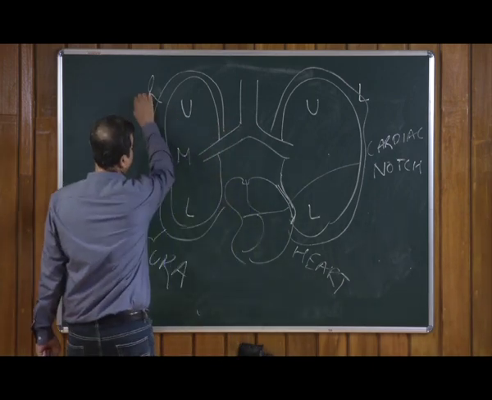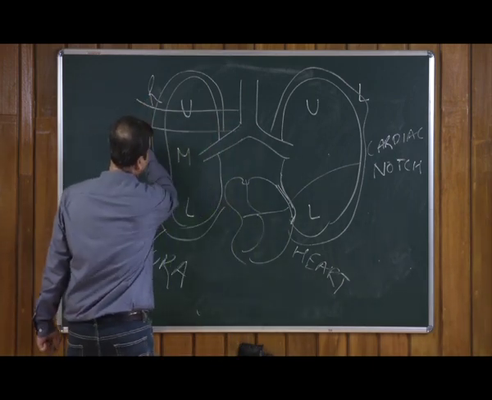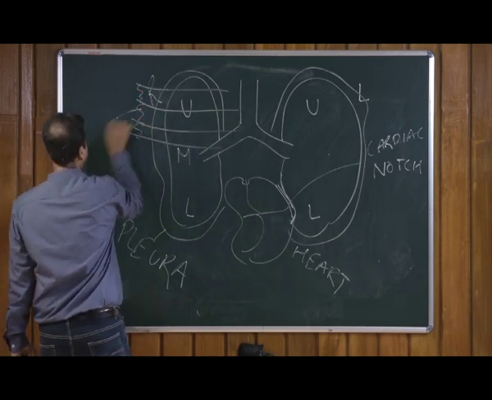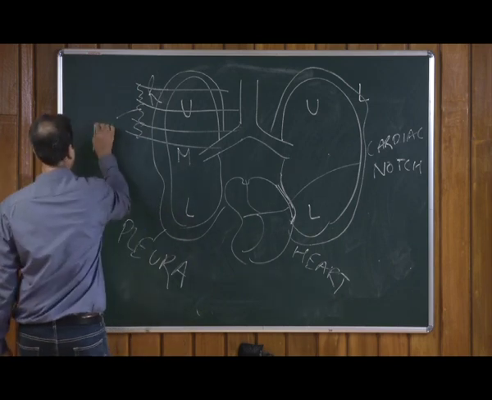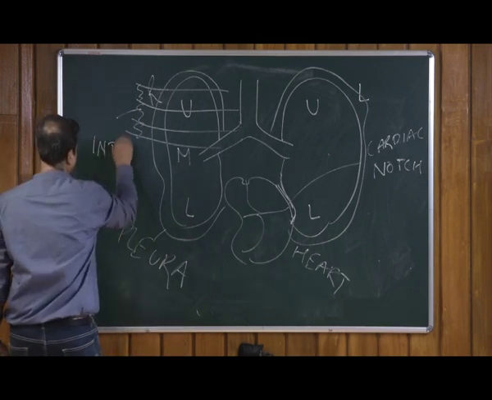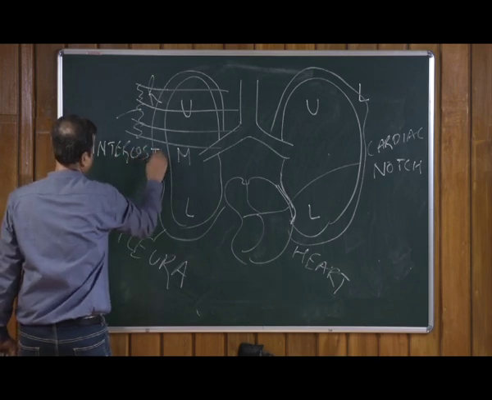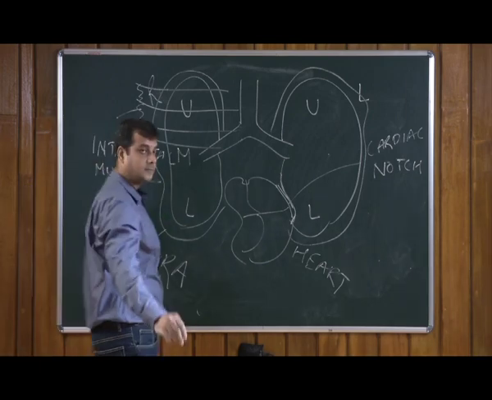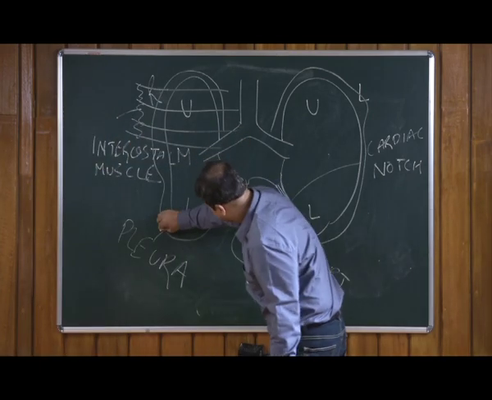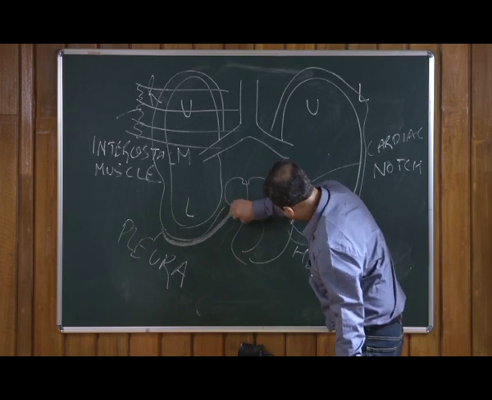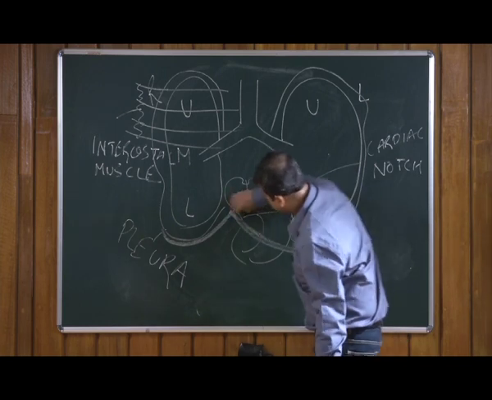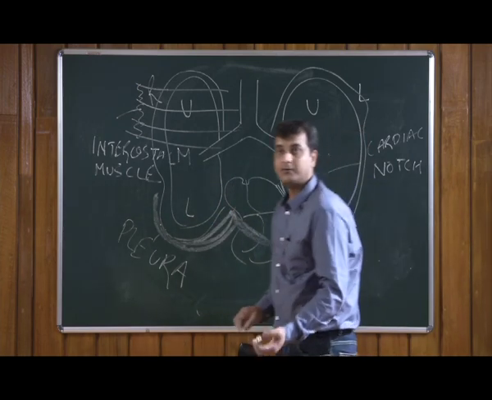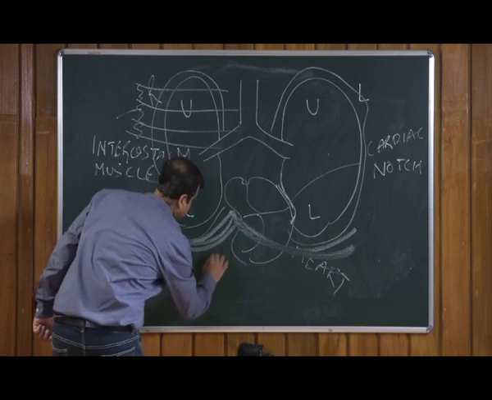And since we discussed that these ribs are already here, in between the ribs you have muscles. These muscles are called intercostal muscles, and at the bottom you have a very unique kind of structure which is very flexible and gives an actual mechanism of respiration, and this structure is called the diaphragm.